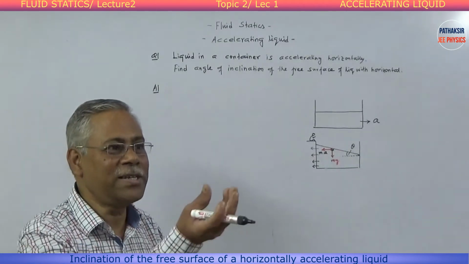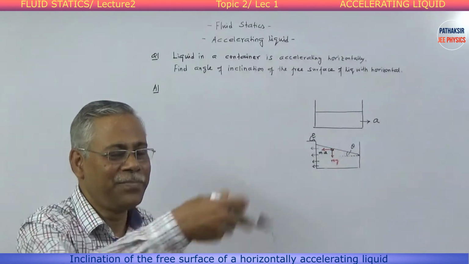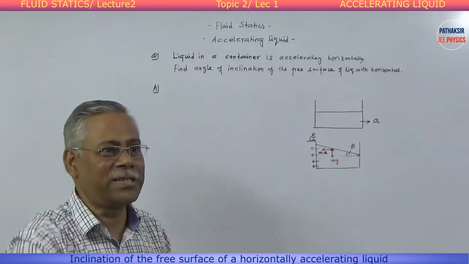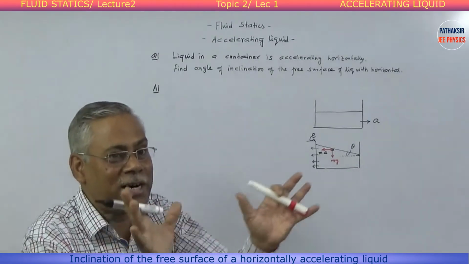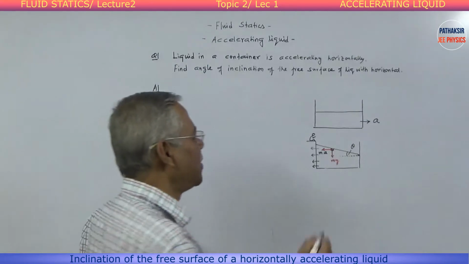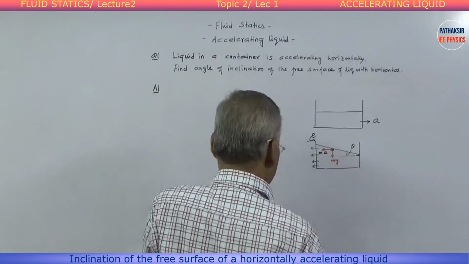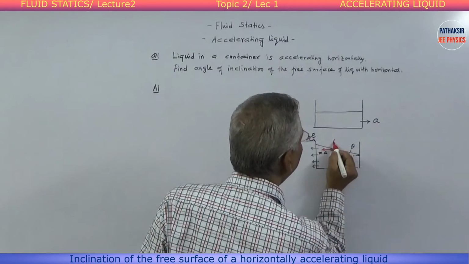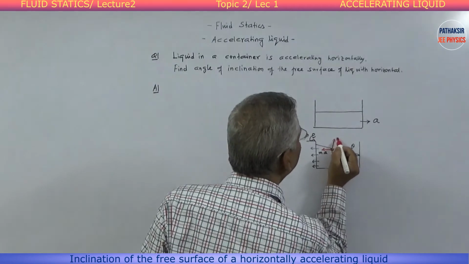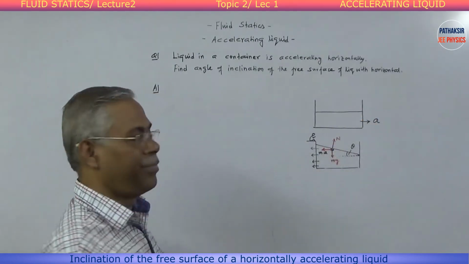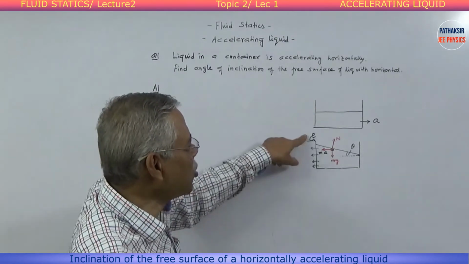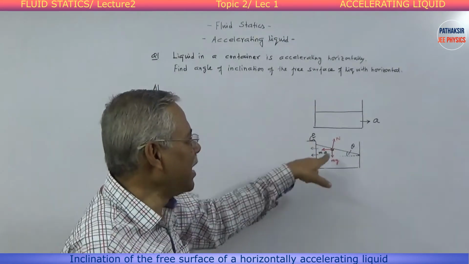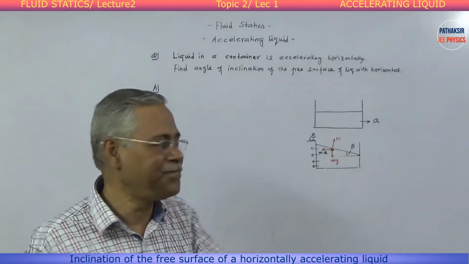We have taken only a sample, but in the surrounding of that sample, there is a lot of liquid. That liquid exerts normal force on this. And this is the direction of normal force. Okay? And in a non-inertial frame, this element is in equilibrium.